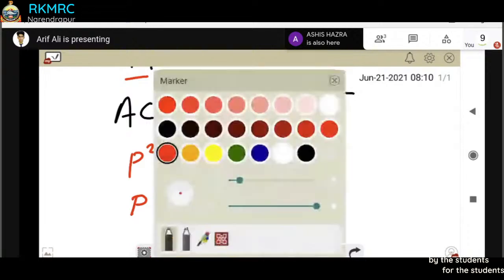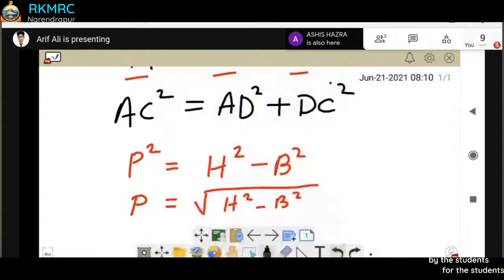You may ask whether there will be plus or minus. Length cannot be negative, so we will write only plus, not minus. Perpendicular is a length, so we will not write negative here, only positive. So this is your relation.